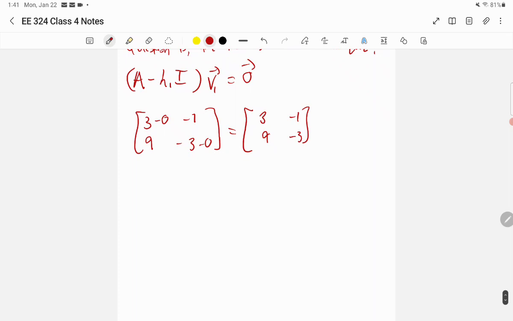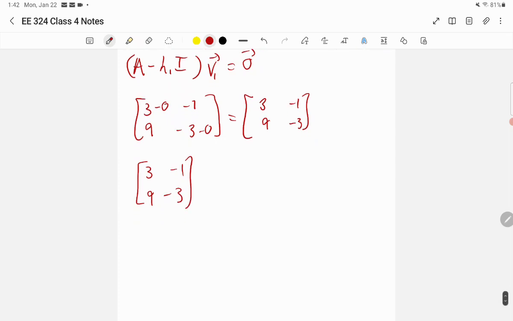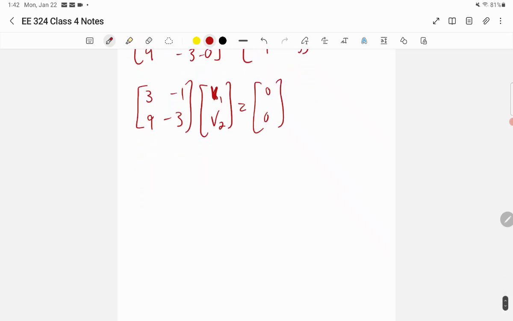And now we can try to find the eigenvector. So what we get is the following: v1, v2 equal to 0, 0. And what does this tell us?